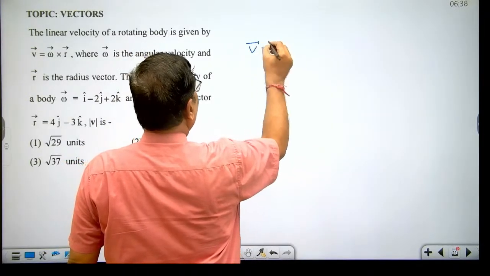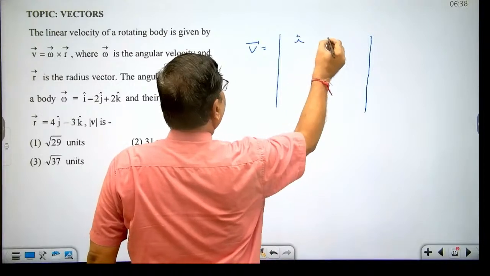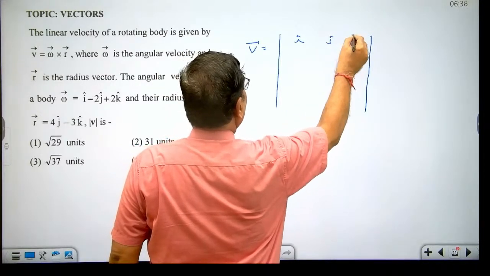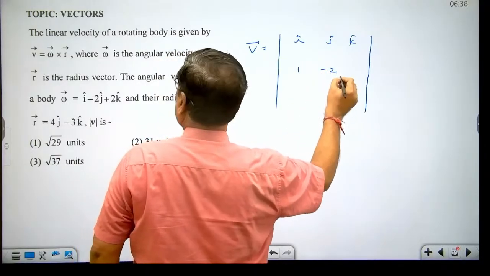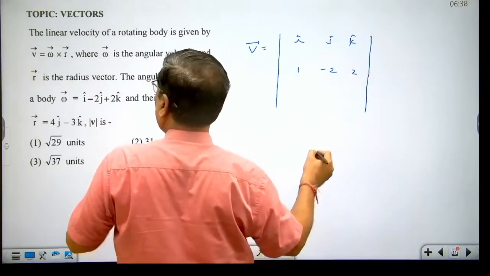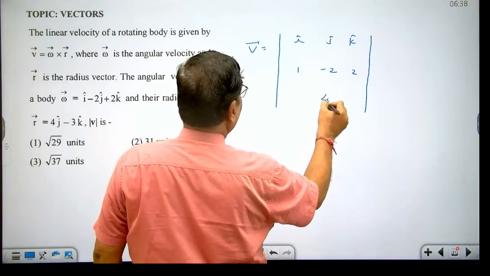V vector can be written as i cap, j cap and k cap. Then omega cross R: 1, minus 2 and 2; R: 0, 4, minus 3.